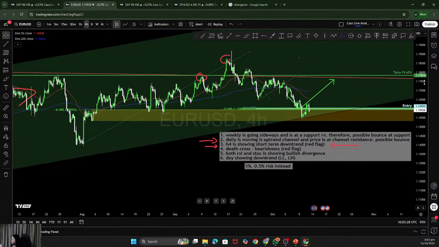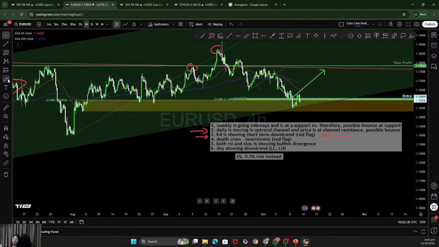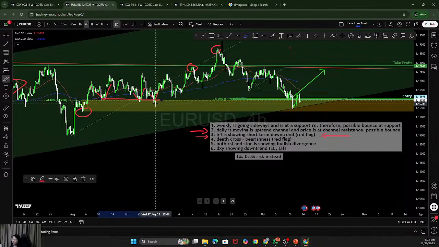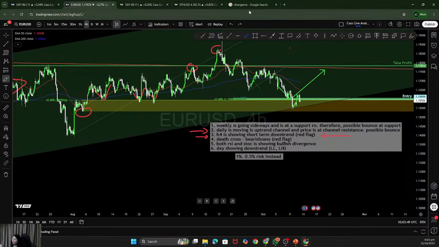Why? Because if you guys have learned smart money or ICT, you know that if the zone has a lot of touches in that exact same area, it's usually a trick. Usually the entry is the next low rather than this high. Okay, I can't remember what it's called.